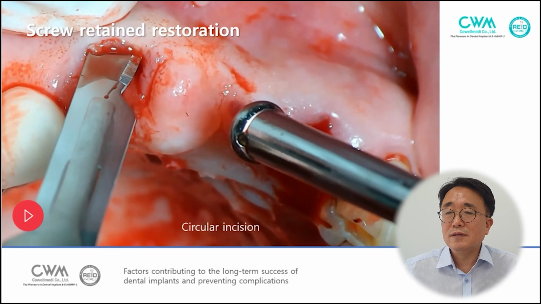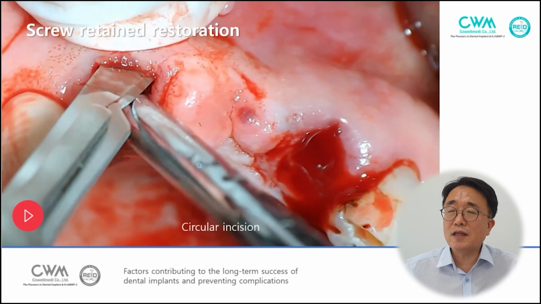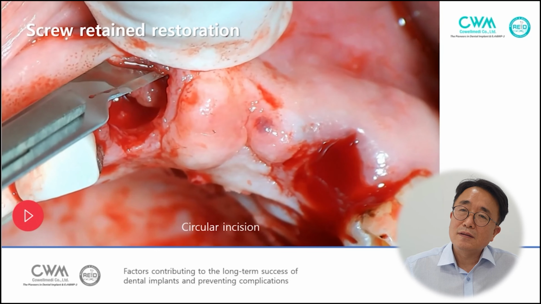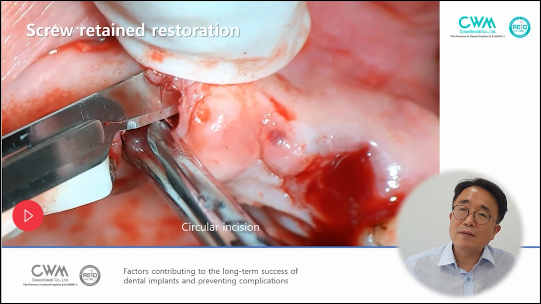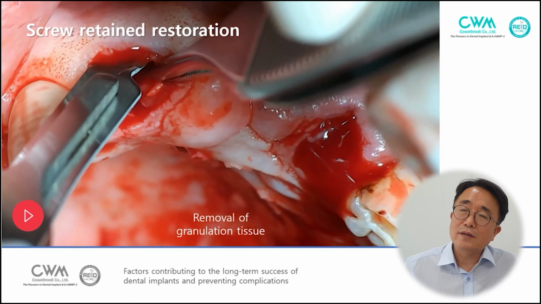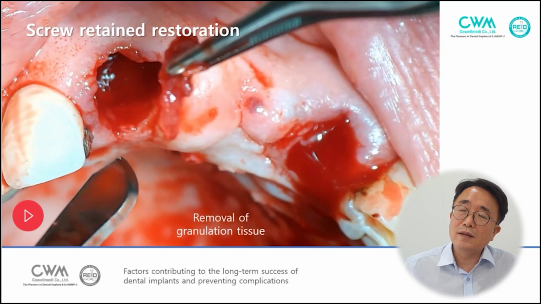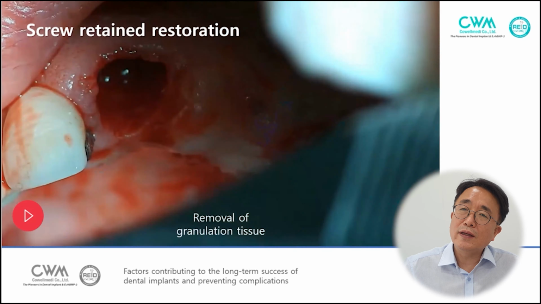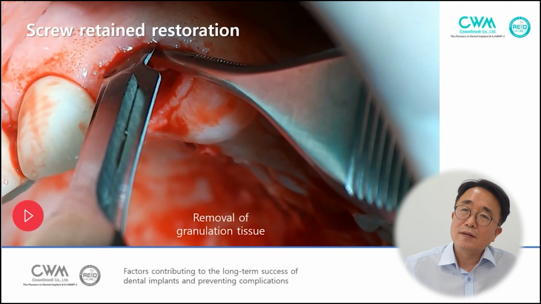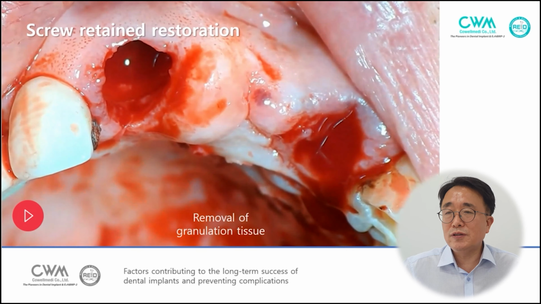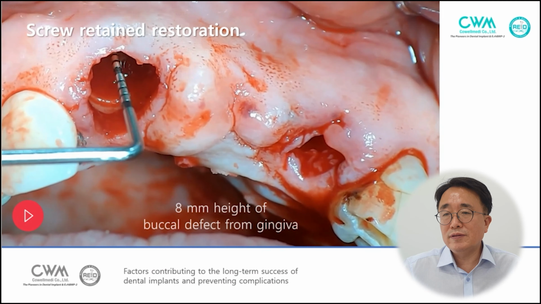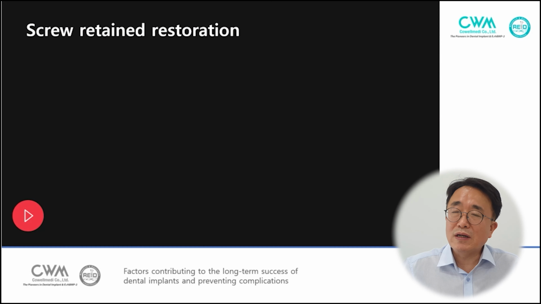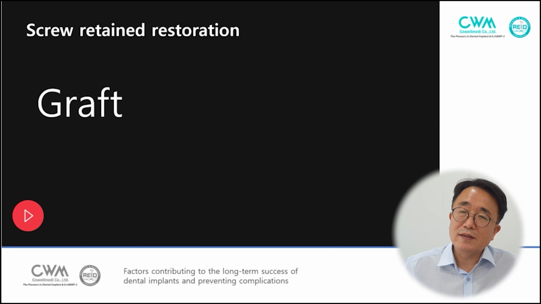Now, a circular incision is done at the buccal side. There was no buccal bone, so the blade cut the granulation tissue between the bone and the flap. All gray tissue is removed, and the depth was 8 mm from the gingiva to the buccal bone, and grafted.